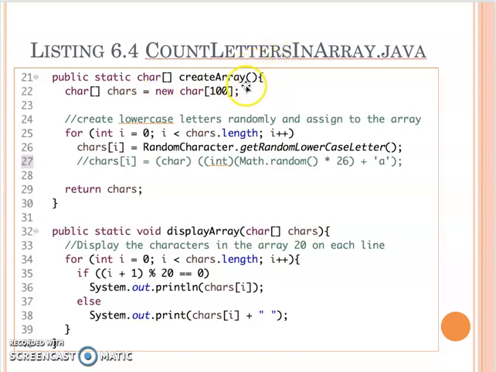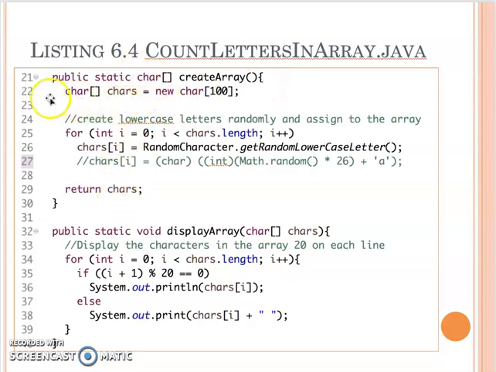When I call this method, it will return a size 100 character array, and each element has a random lowercase letter. You see the return type is character array, so we need to return a character array.